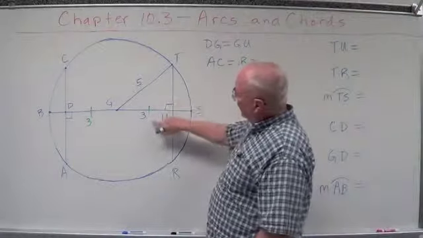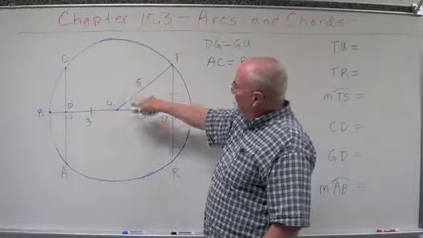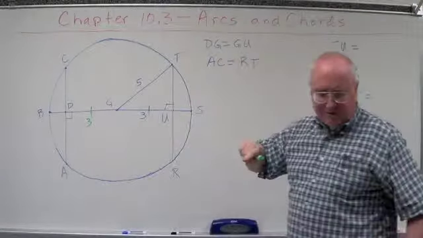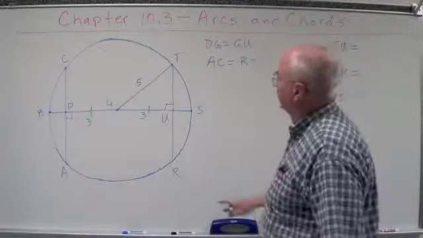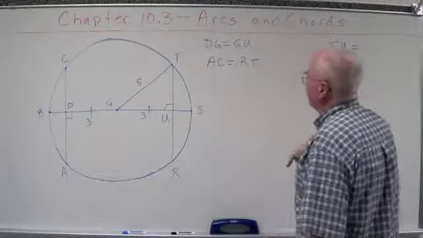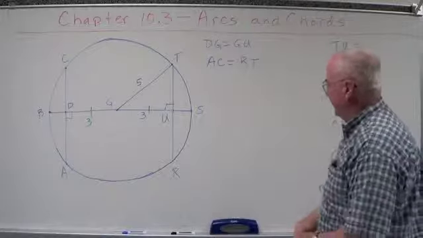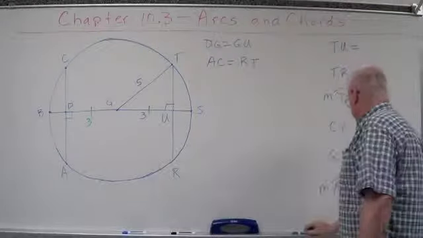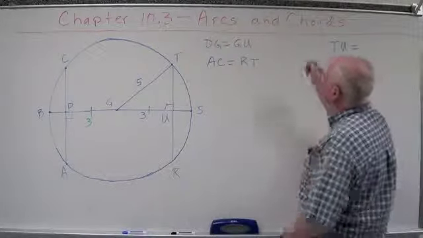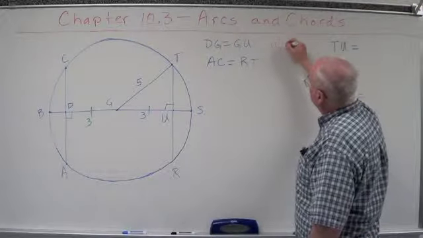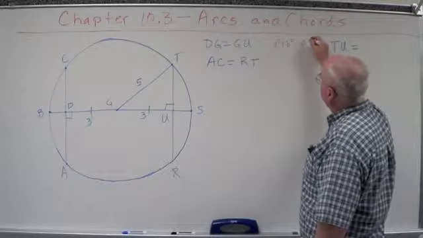Well, this is a right triangle. One leg is 3. The hypotenuse is 5. How do we find the other side? In order to find this, we need a squared plus b squared equals c squared.